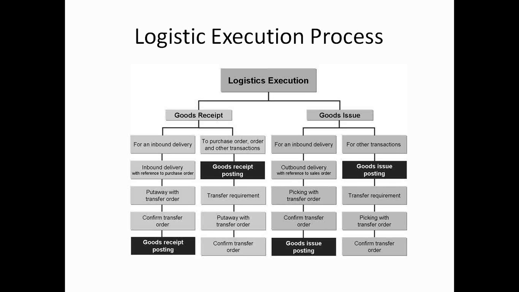If you can see the second column, as soon as the goods receipt gets created, the transfer requirement gets generated in WM. This transfer requirement is nothing but the trigger for the warehouse management process.